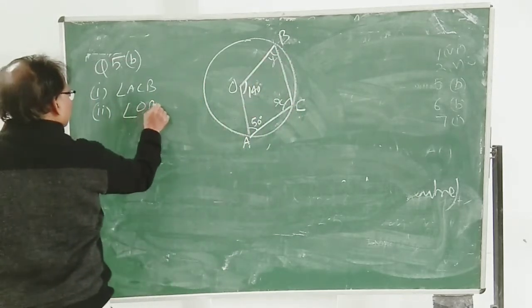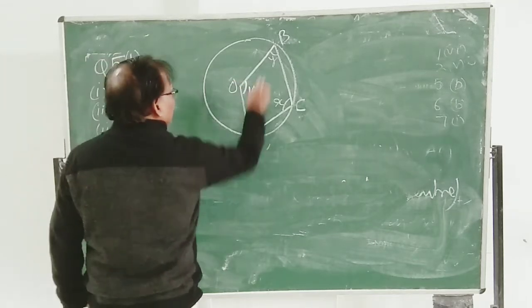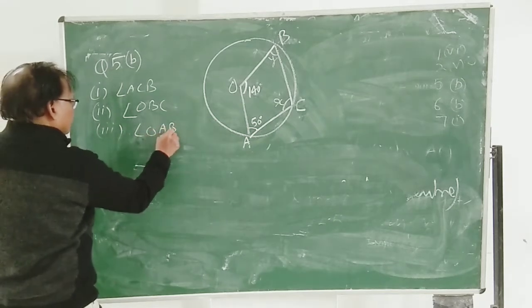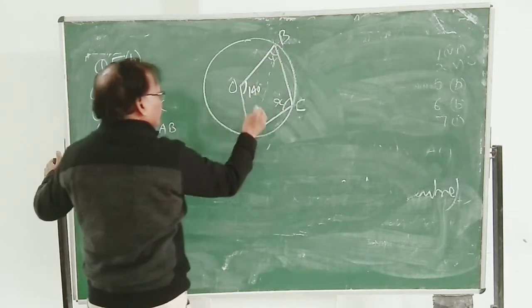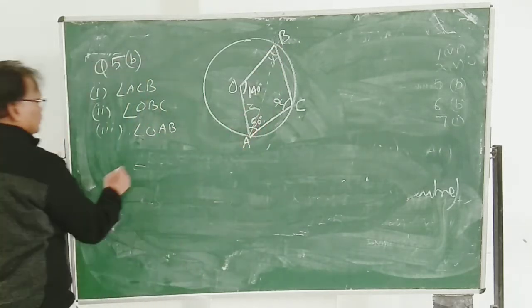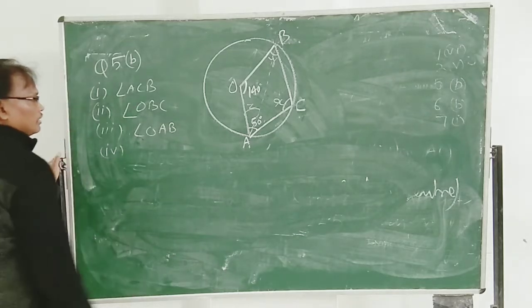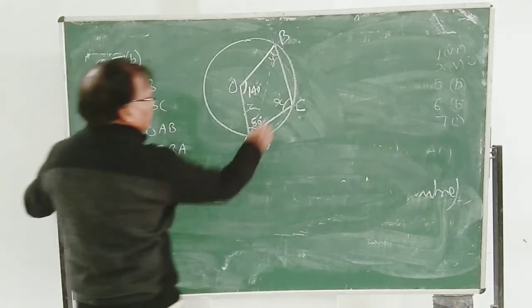Angle OBC, angle OAB, मतलब कि join AB. This angle you have to find, Z, and CBA also. CBA means this angle.